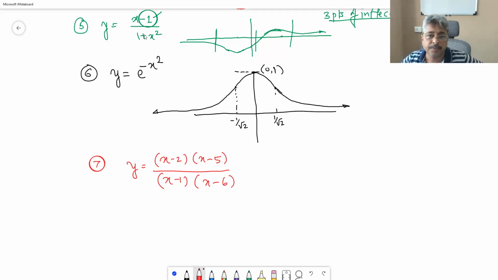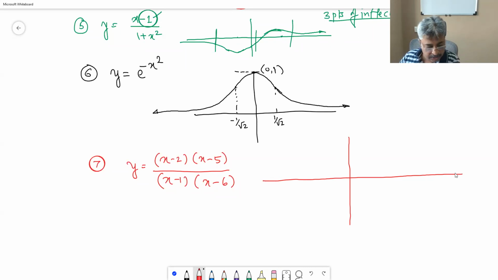Sketch. So the graph for this is like this. Y-axis, x-axis. Of course, it is undefined at x is equal to 1 and x is equal to 6.